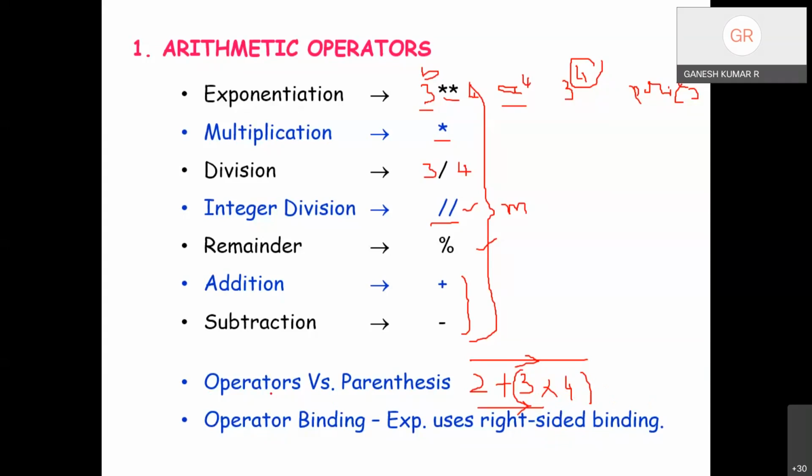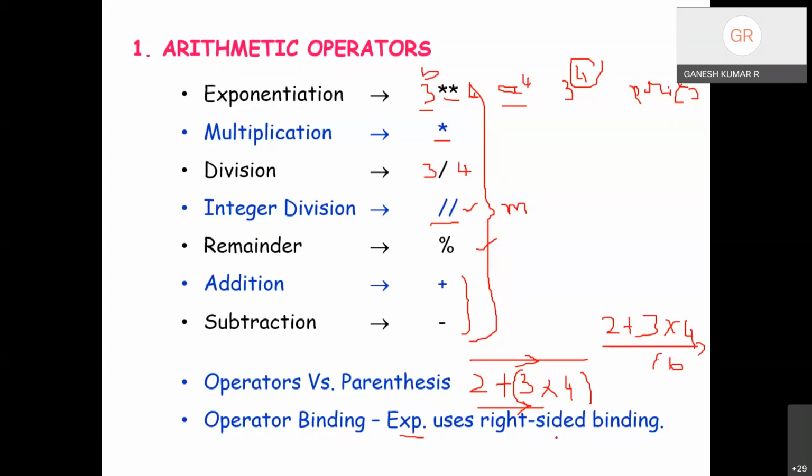One exception among the operators is exponentiation. Exponentiation always uses right-sided binding, whereas all other expressions, like 2 plus 3 into 4 divided by 6, will be evaluated from left to right, except exponentiation.